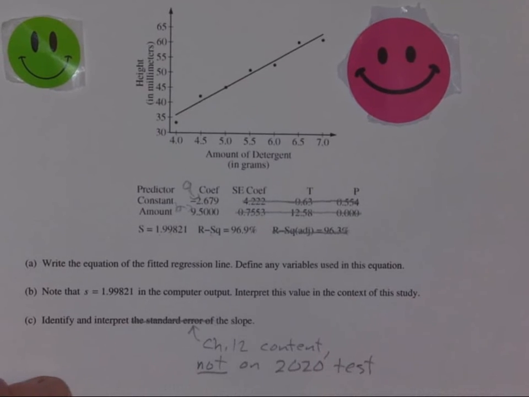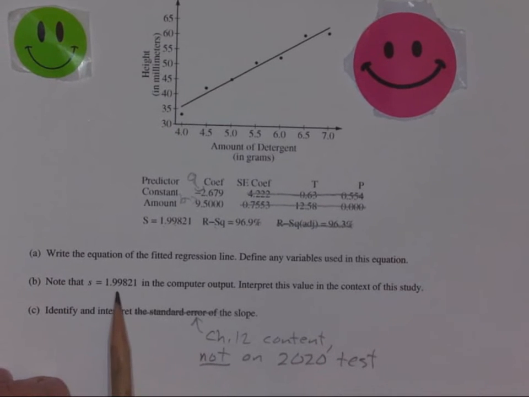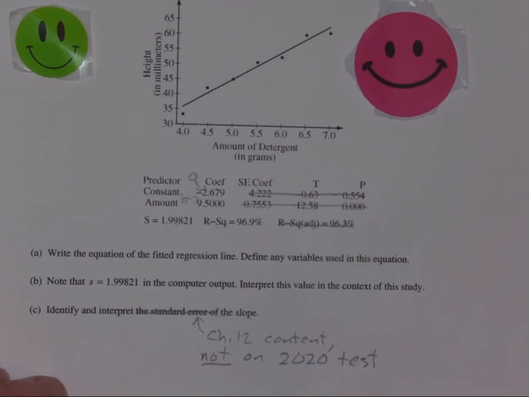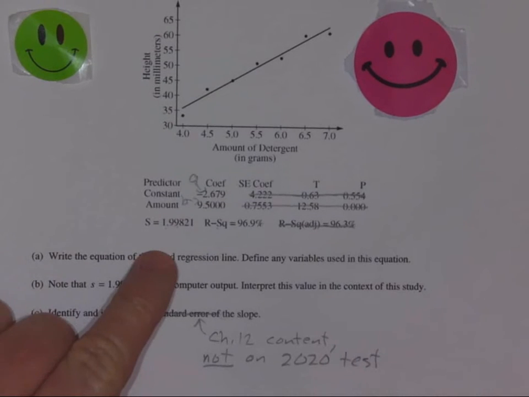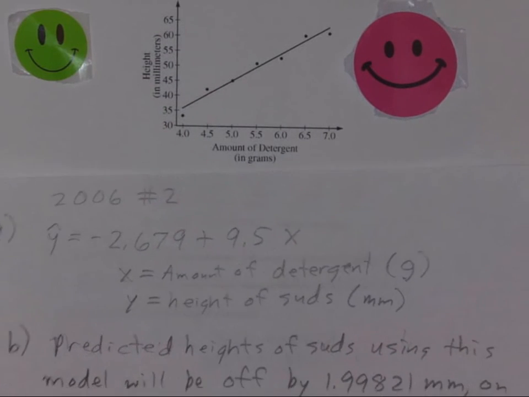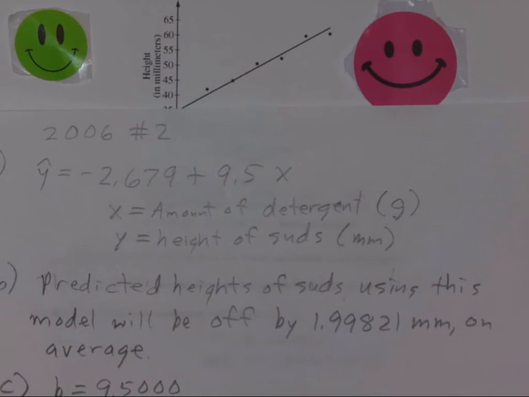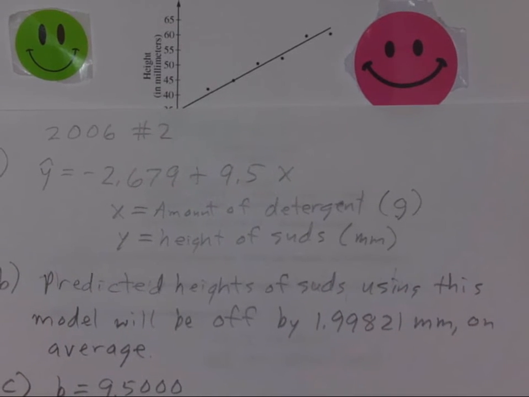And then part B says, there's S, so interpret this value. S is that number there. And so that is in essence the standard deviation of the residuals, or in essence the average of the residuals, because the residuals are going to have a mean of 0.